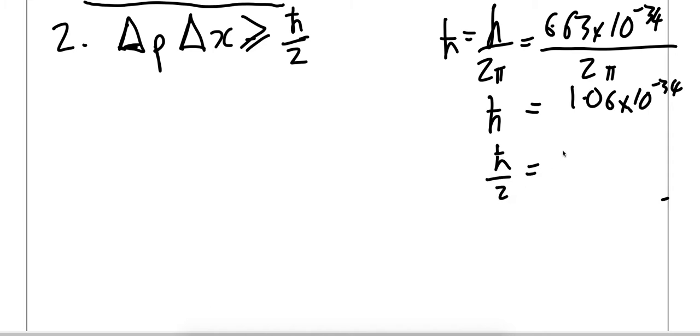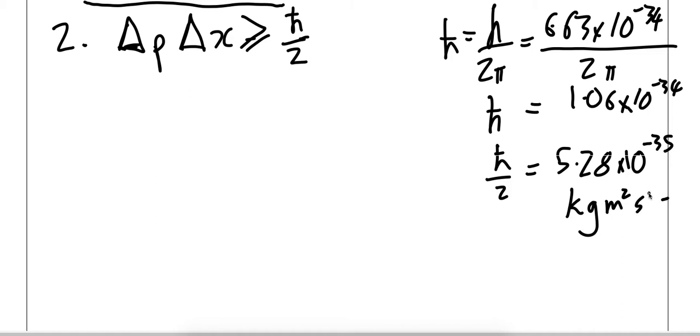So h bar on 2 is just 5.28 by 10 to the minus 35. And the units of h, and therefore h bar, and therefore h bar on 2 are all kilogram meters squared per second. So that's our unit there.